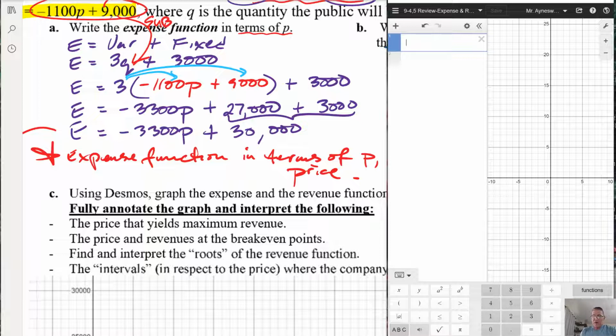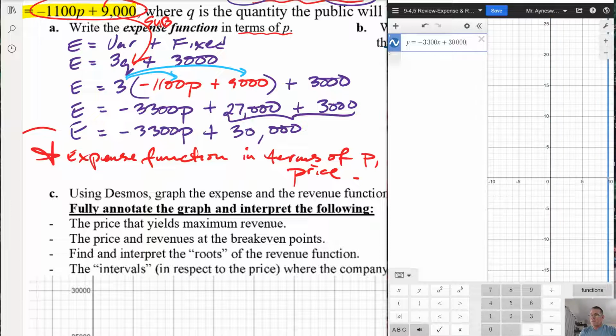My first function here, the expense function, I'm going to write as y equals negative 3,300x plus 30,000. So we have y equals negative 3,300 times not P but x, plus 30,000.